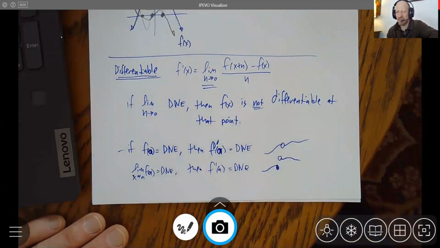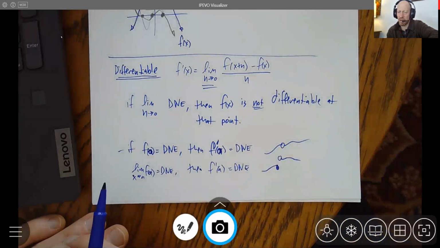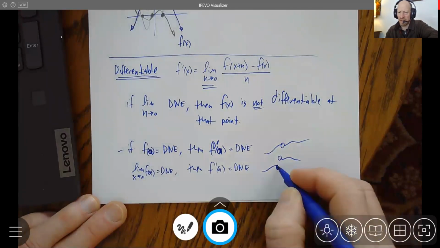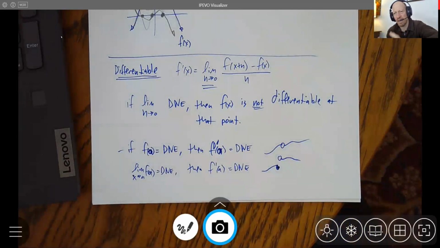If the limit doesn't exist, then you can't do this derivative limit. It won't work out. What's the tangent line at this point? Well, it's very unclear because the graph doesn't look like a line at that point. It's just like the end. It's stopping. So there's no conception of what a tangent line might be at just a point like that.